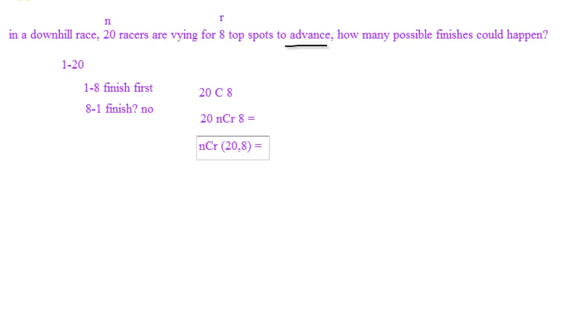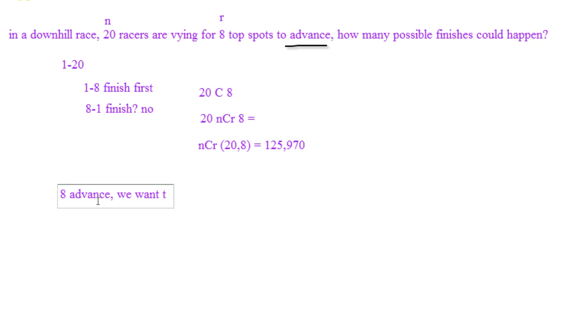If we do that real fast, 20 choose 8, we are going to get 125,970 distinct finishes.